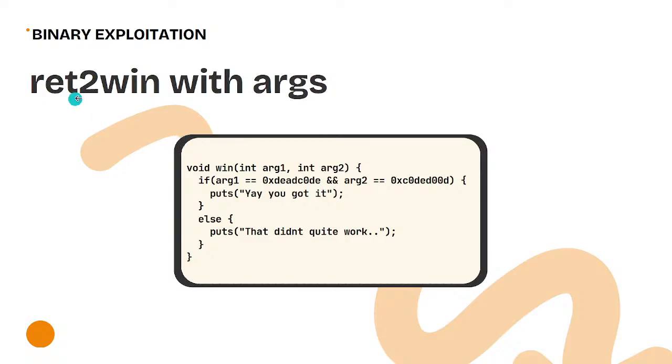So let's look into ret2win with arguments. You can see here the win function has two arguments which will be compared here.